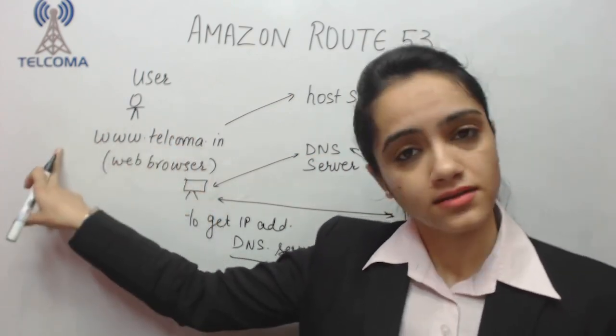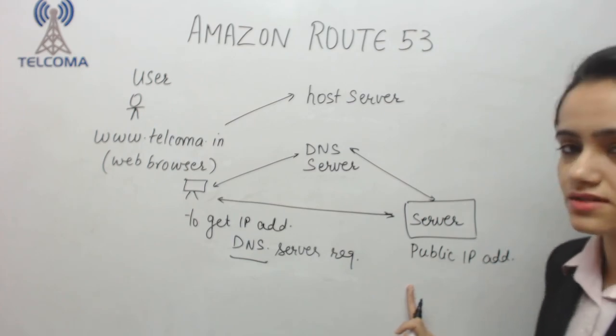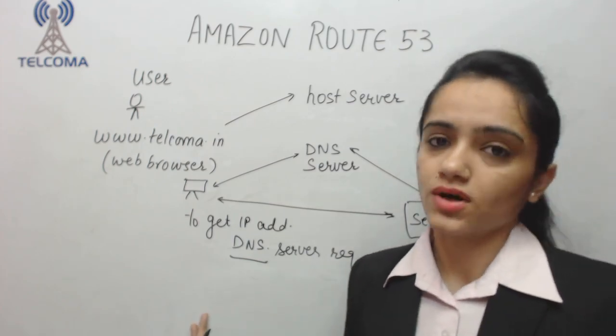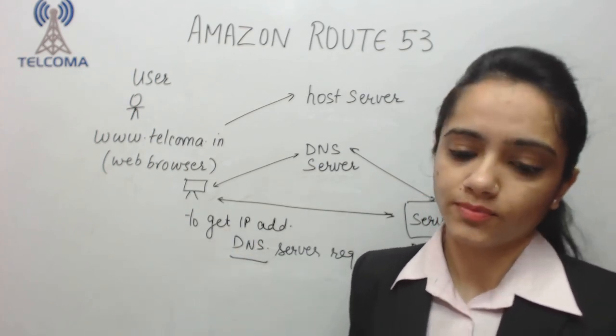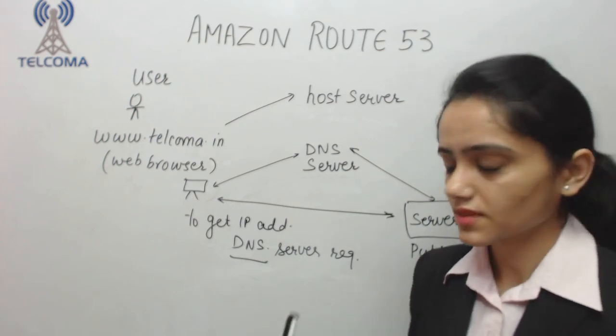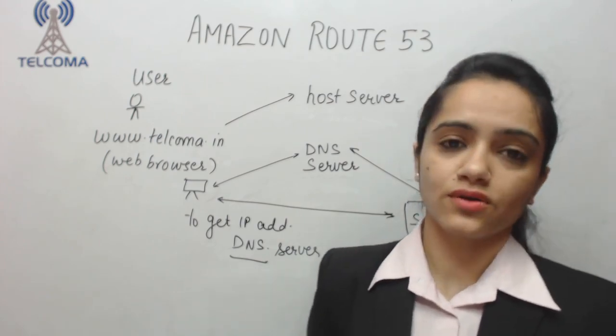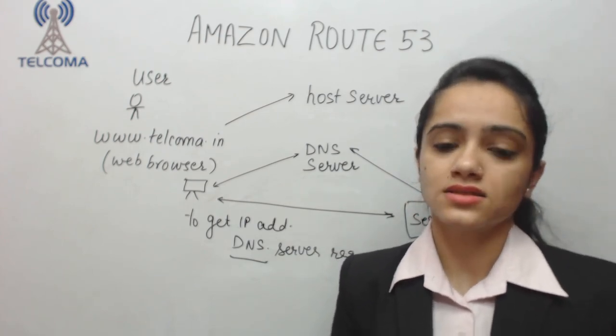The name is for humans, but the corresponding IP address will make the connection with the server, like the contact number. So I require a contact number to make a connection, not the name of the person. Similar happens with this. So this is the description of Amazon Route 53 and why it is used.